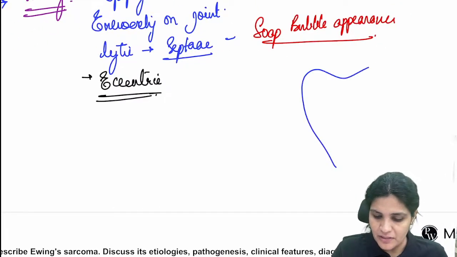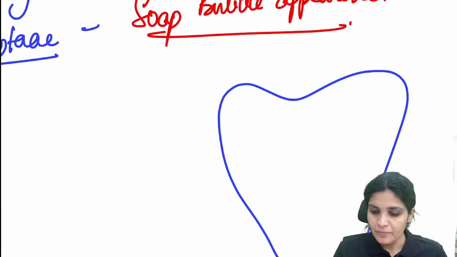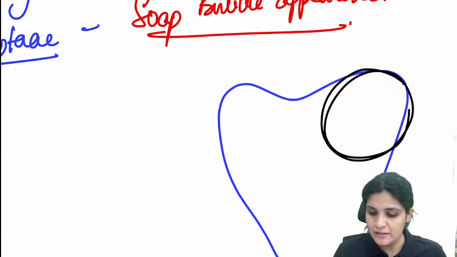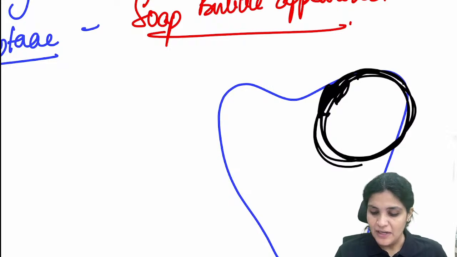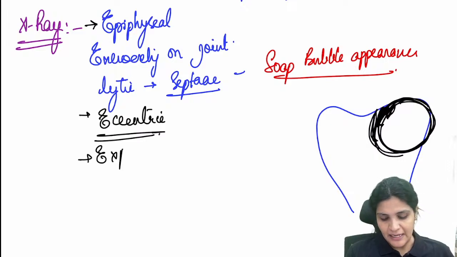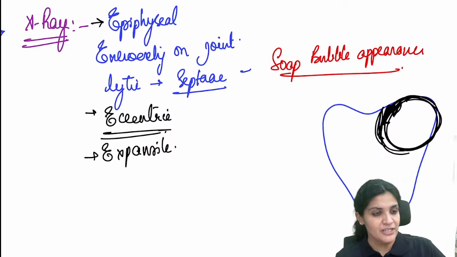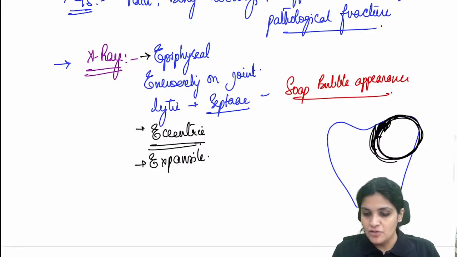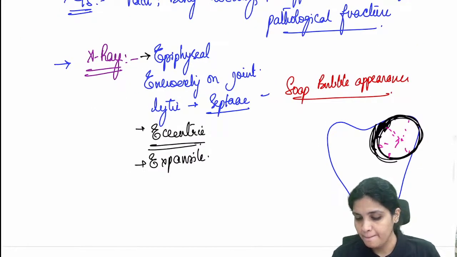So now if this is your bone, you see it to one side, right? Not in the center, one side. And it is very much expansile, right? So eccentric, expansile, epiphyseal, all these are the features of your giant cell tumor. So it appears as if there are septae here like this, right?